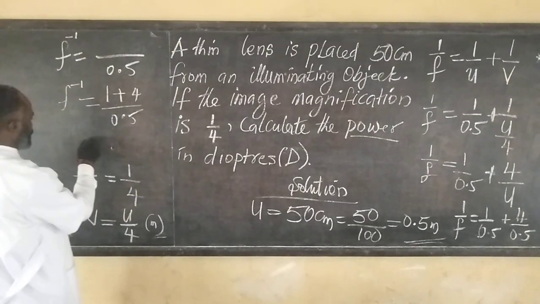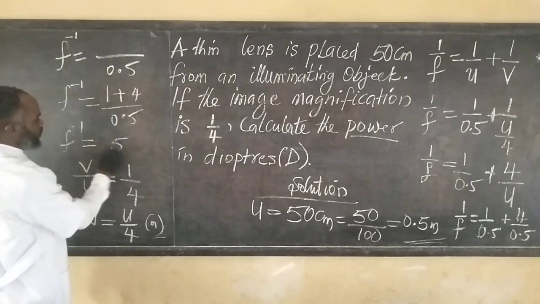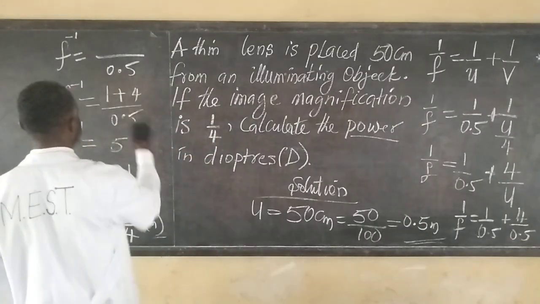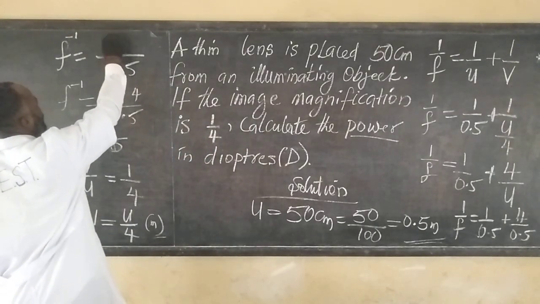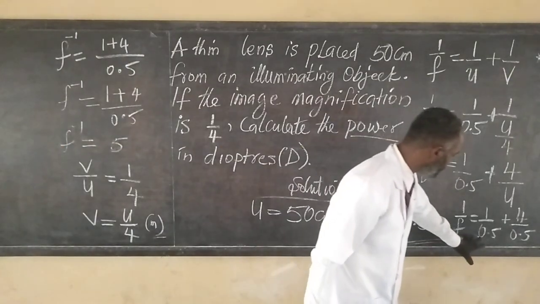By the time we juggle once again, we have 5. This should be 1 plus 4 here. Check it. That's what it should be.